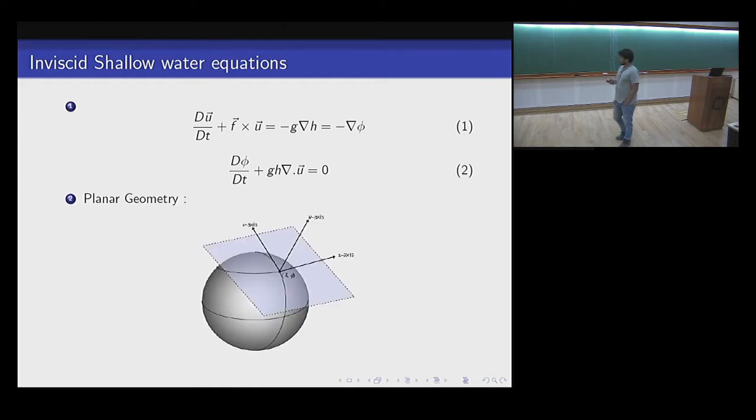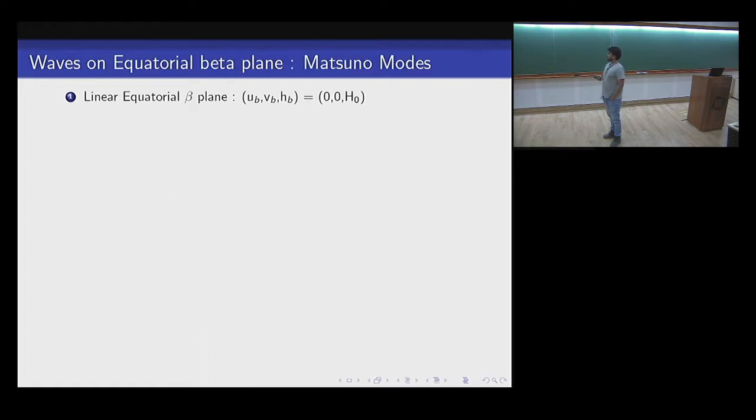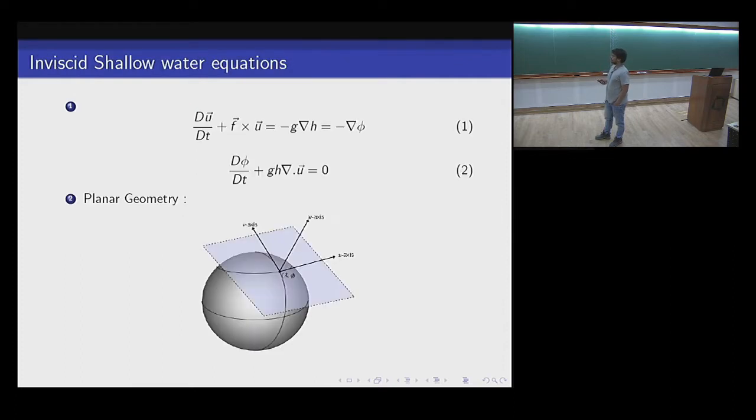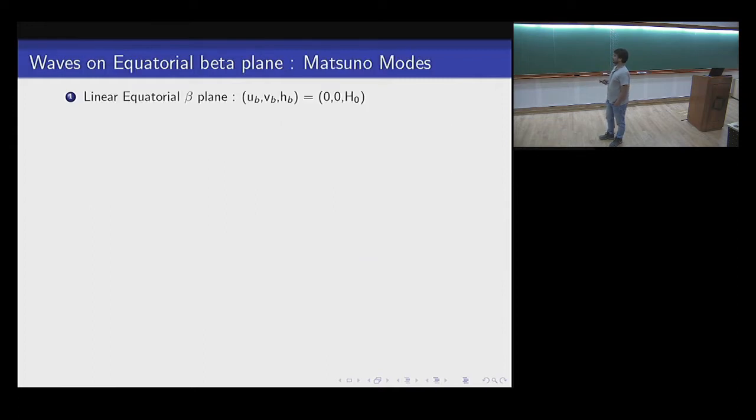So we start by working on the tangent plane approximation, that is, you draw a tangent plane at a certain latitude, and you study these equations with the boundary conditions that the fields are periodic in the zonal direction, zonal direction being this one, and they vanish as one goes away from the particular latitude.